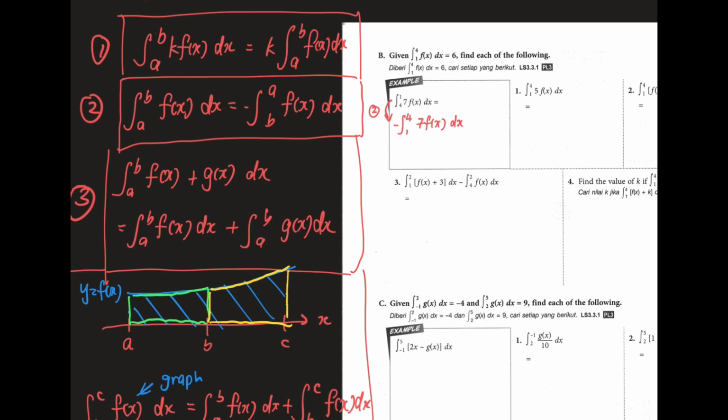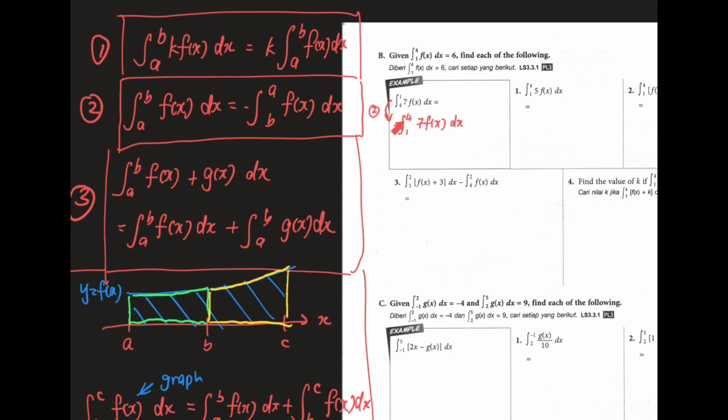The reason is because the information given is 4, 1. So we turn it upside down so that our question is the same as the information given. Then later we can use the information, so we have to change it to the same form.